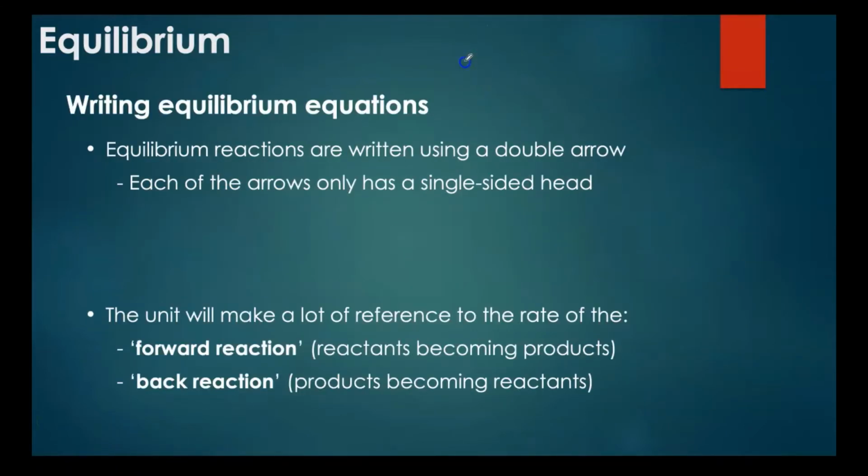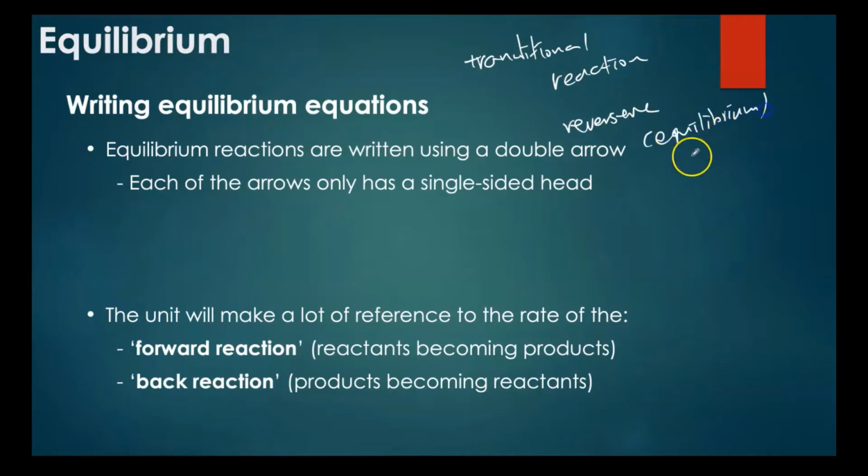So far we now know what is meant by a transition reaction and a reversible, or equilibrium, reaction. In a transition reaction, we use a single arrow from the reactant to product to represent how the reaction goes.